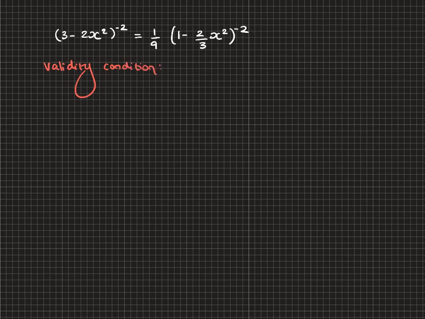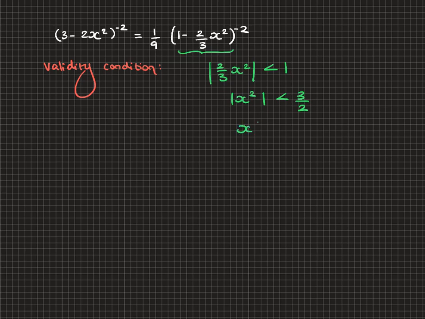So we can look at this version of the expansion and we can say we want mod of 2/3 of x squared to be less than 1, which you can rearrange as we've done previously to say that mod x squared is less than 3 over 2. Now, we've been in a situation like this with an example previously where we can ignore the modulus sign because, of course, x squared is always positive.